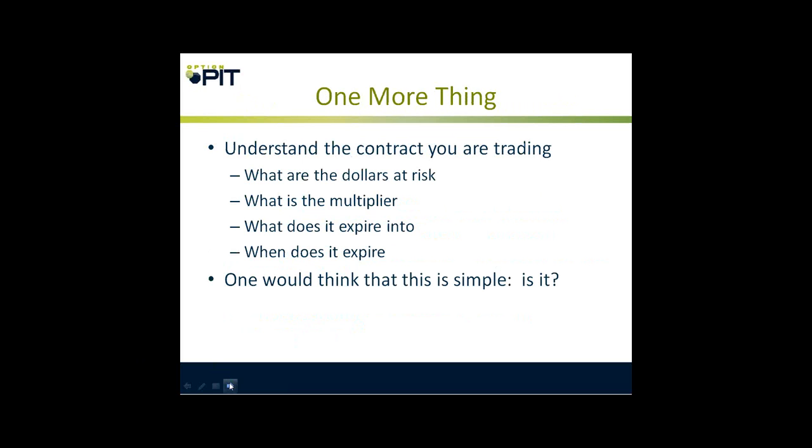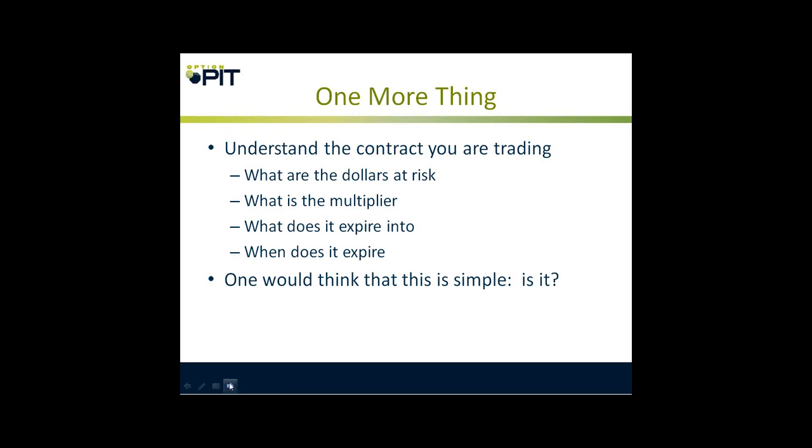One more thing. Understand the contract you are trading. You would be shocked at the number of people that didn't understand that the VIX was not a regular expiration. Or I'll meet people that trade SPX for some time and don't understand that it's a cash print on the open. They don't know the multipliers on the commodities they trade.